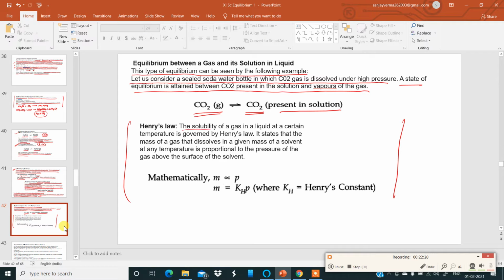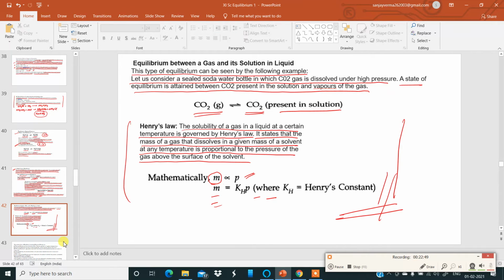The solubility of a gas in a liquid at a certain temperature is governed by a law called Henry's law. It states that the mass of a gas that dissolves in a given mass of solvent at any temperature is proportional to the pressure of the gas above the surface of the solvent, where mass is directly proportional to pressure P, m equals KH P, or in concentration terms. Okay, so learn this also, in terms of mass and partial pressure.